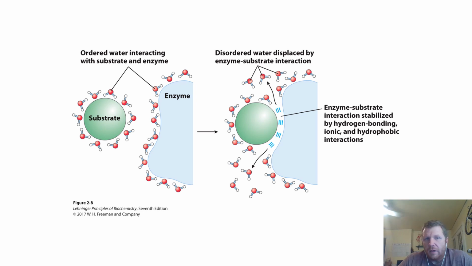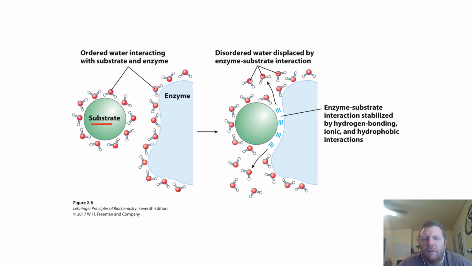Okay, so what we've got here is an example of that being displayed. We've got a substrate that has all these water molecules surrounding it. It's too ordered, too organized for water's preference. This enzyme has that same sort of thing going on.